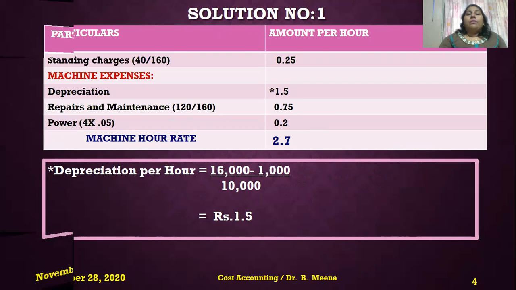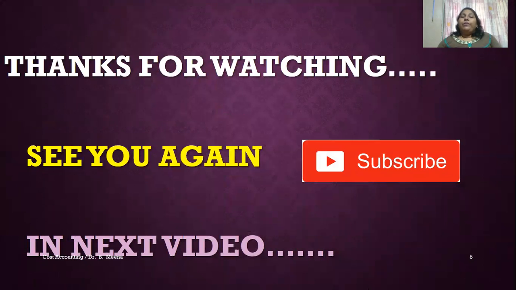Before I conclude my video, whenever you are going to calculate the machine hour rate, look at the problem and categorize the expenses which come under machine expenses and which come under standing charges. Under machine expenses, only three things will come, that is depreciation, repairs and maintenance, and power.